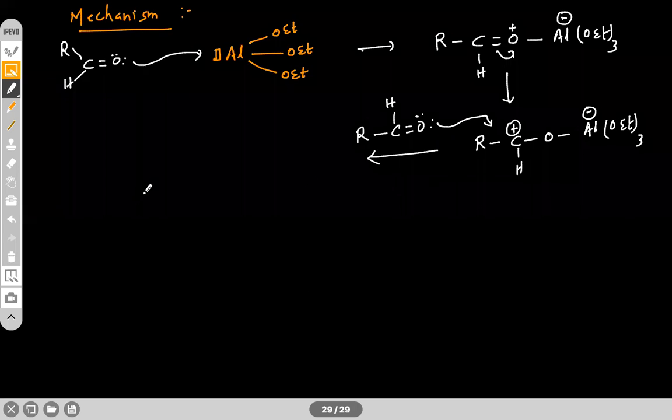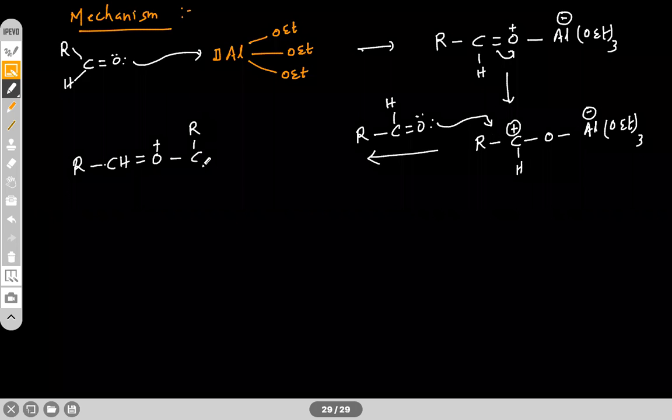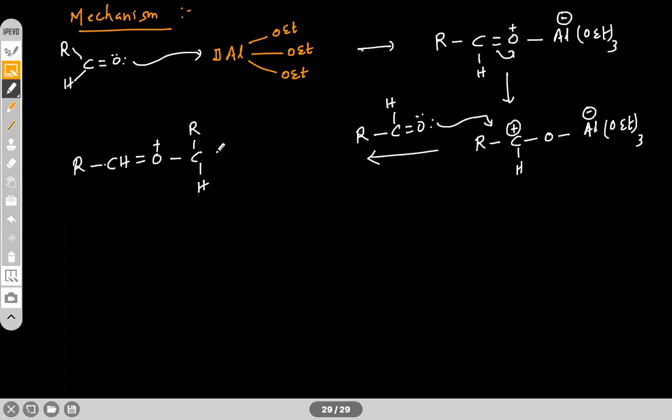Okay, and it converts into RCH double bond O positive charge, and this O is attached with this carbon, which has one R group this side, another hydrogen this side, O Al(OEt) whole thrice negative.